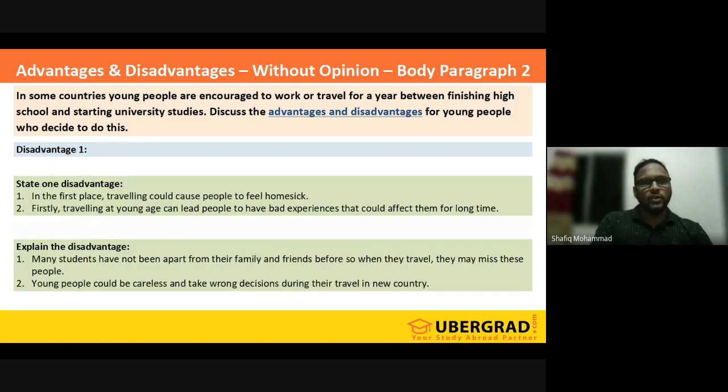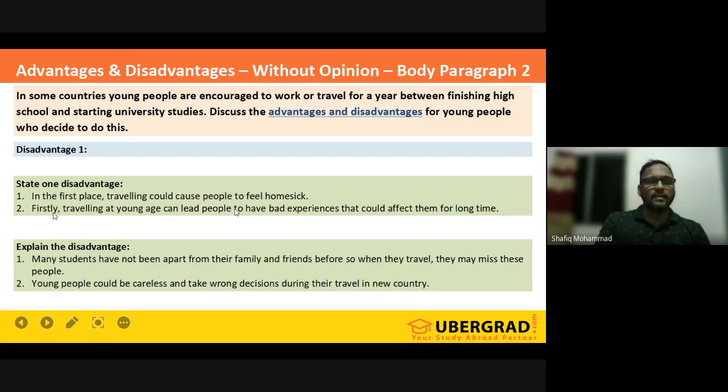Then you're stating the disadvantage. In the first place, traveling could cause people to feel homesick. So he's given one disadvantage. Then, firstly, traveling at a young age can lead people to bad experiences that could affect them in the long term. So the same thing is explained in a shorter way and a longer way, in a big sentence, isn't it?